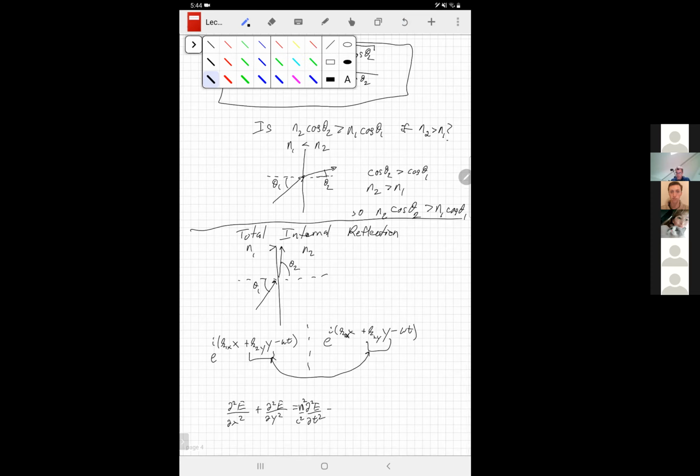That's going to be taking the derivative with respect to time. We get a minus i omega each time we take the derivative, so minus i omega squared n squared over c squared.